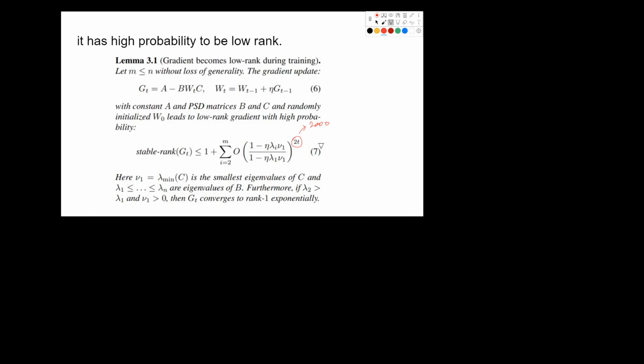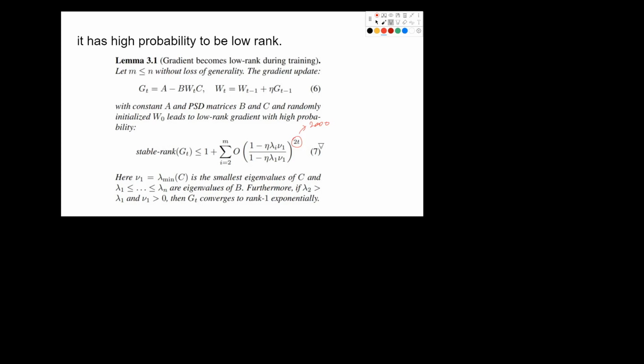And if lambda i is equal to lambda 1, this will become 1. So if we have a lot of eigenvalues which are close to each other, that determines the rank of the matrix.